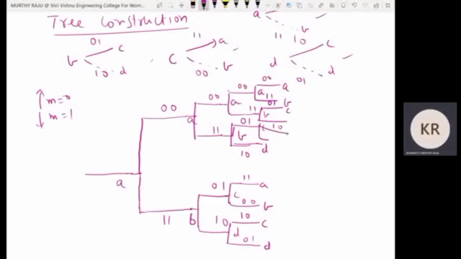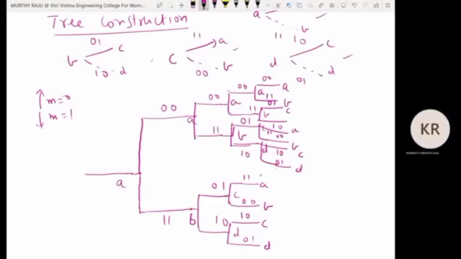And again here C is there. C to A is 1 1, C to B is 0 0. And the D structure here: D to C is 1 0, D to D is 0 1.